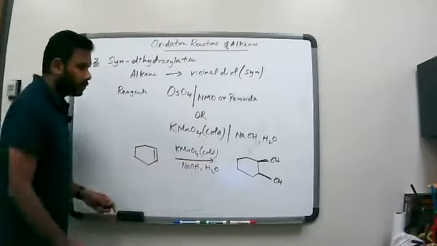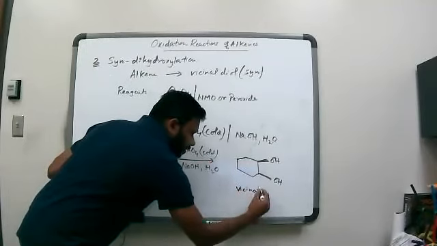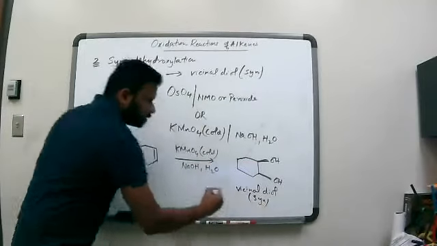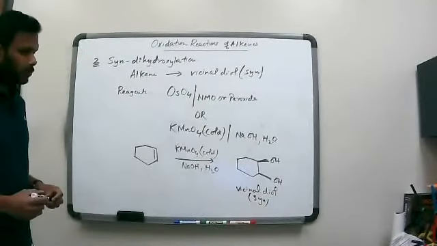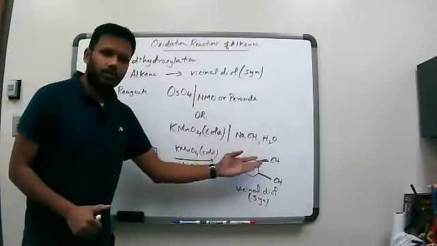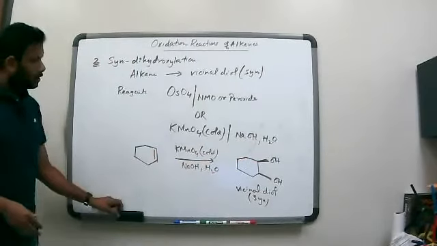You can notice that both hydroxyls are now on wedges. So this is a vicinal diol and it is syn stereochemistry. And this is a meso compound, so no point drawing the enantiomer. So that's the Syn Dihydroxylation.